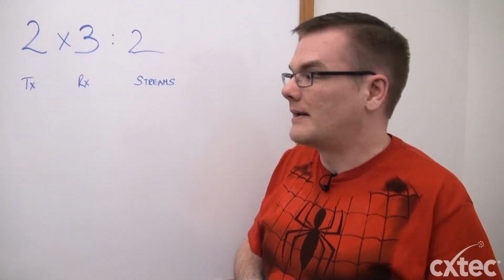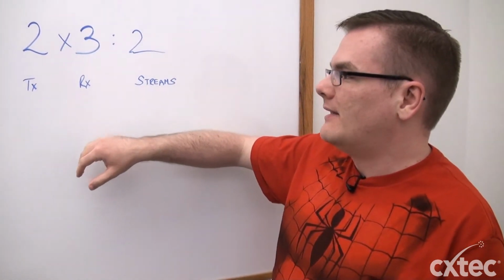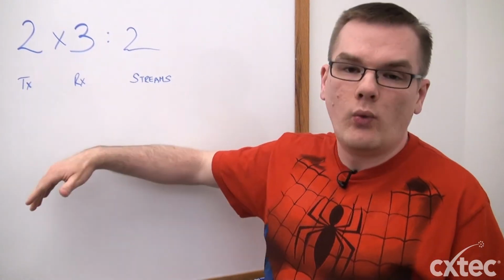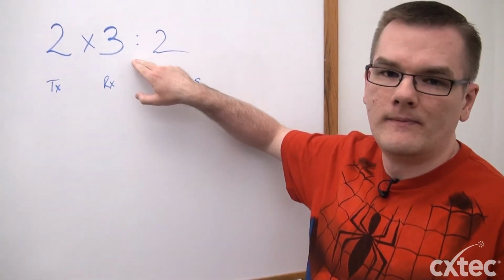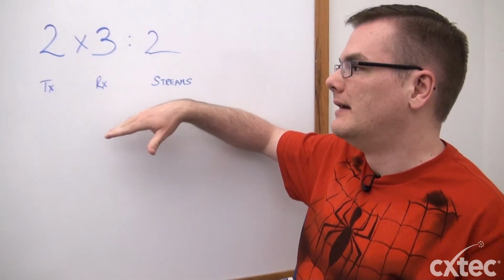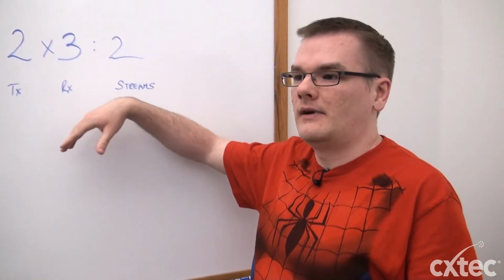But you get what I'm saying. So if my cell phone is only a 1x1, am I really going to take advantage of all of this? No. Can it connect to wireless N? Yes. Is it really going to get that full throughput or full benefit of what N is bringing to the table? No. So it's not going to see 600 megabits per second necessarily.